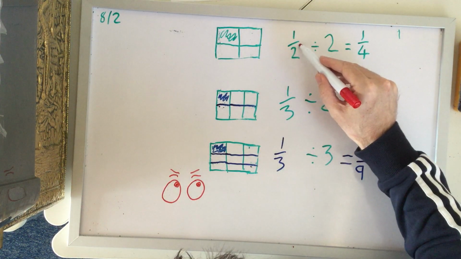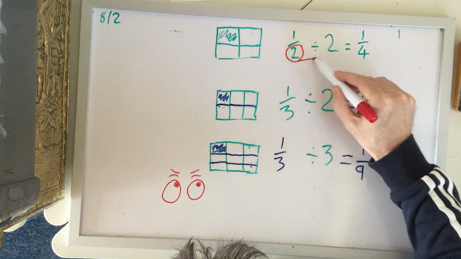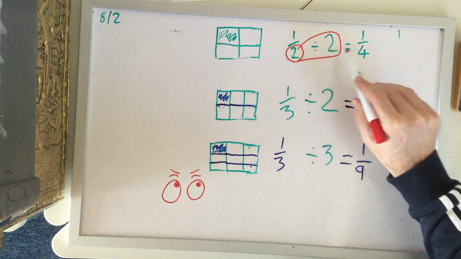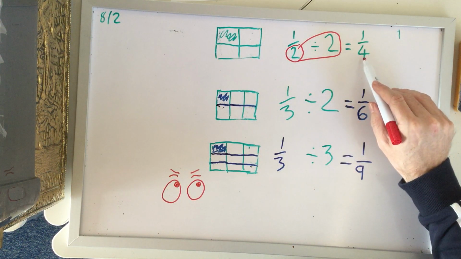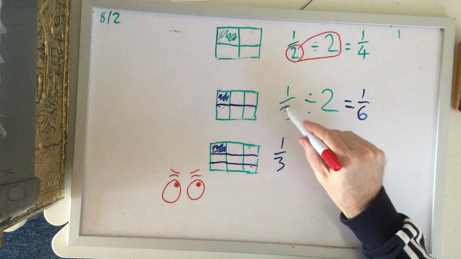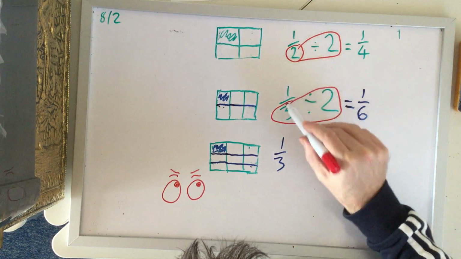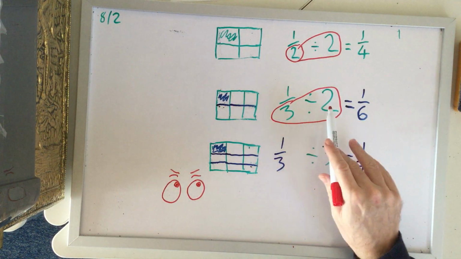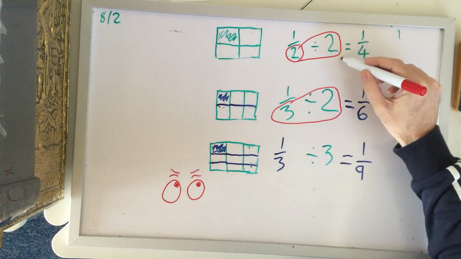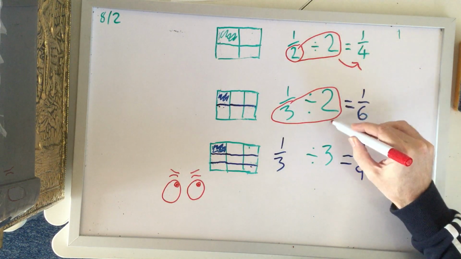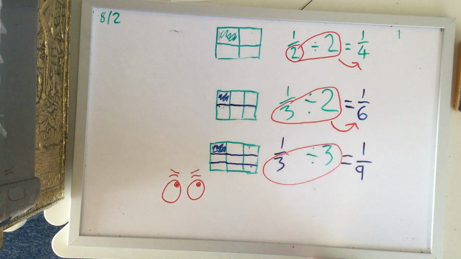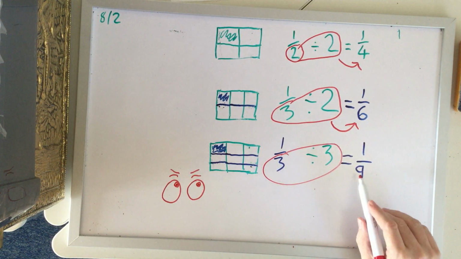Well, if I circle that, 2 and 2, 2 times 2 is 4, and then that 1 is placed above it. Let's look at this one. 3 times 2 would make 6. What about this one? 3 times 3 is 9.